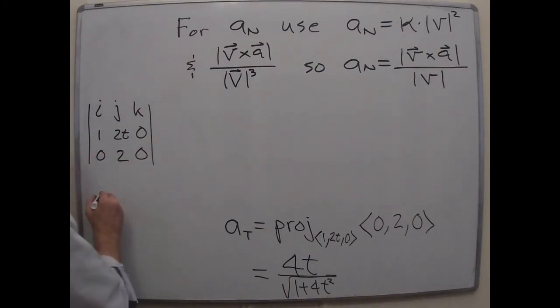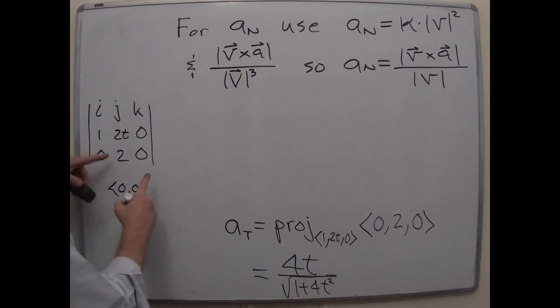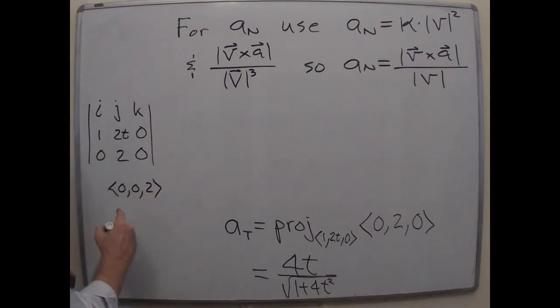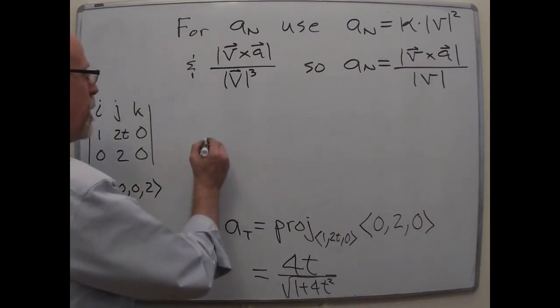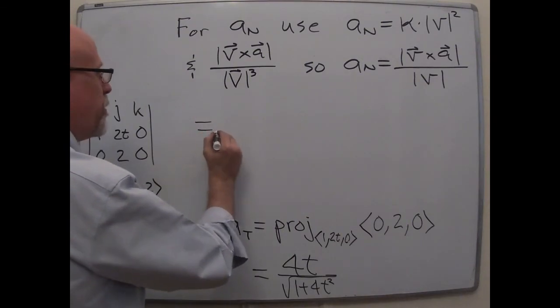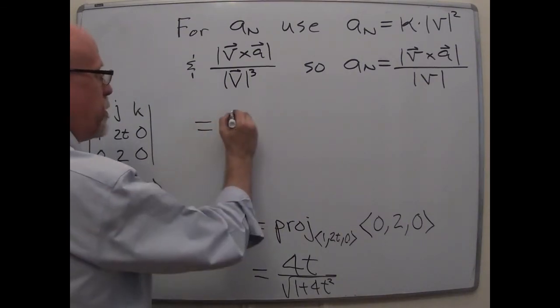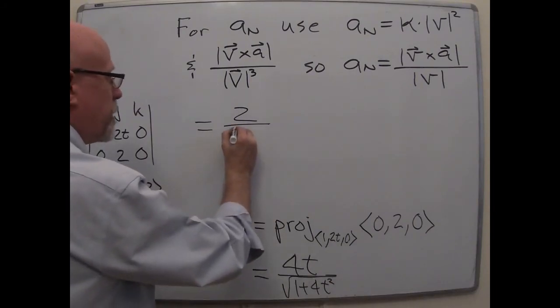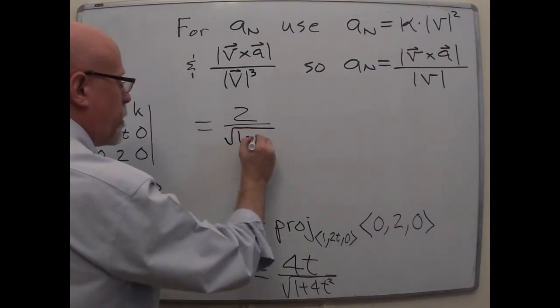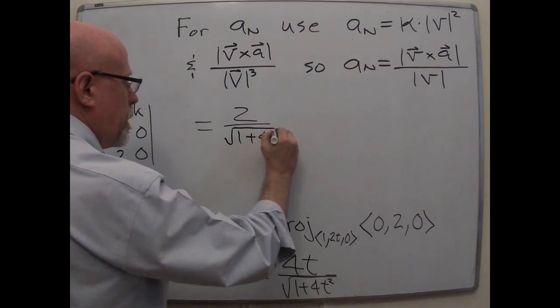Yeah, it ended up being 0 in the first two components and 2 in the last, right? Remember doing that? So I probably didn't need to do this, I just couldn't quite remember myself. So a sub n is equal to the length of that, which is 2, divided by the length of the velocity, which is that familiar square root of 1 plus 4t squared.